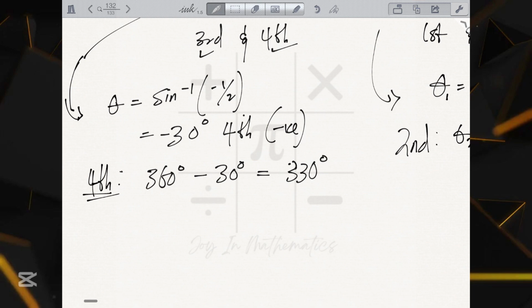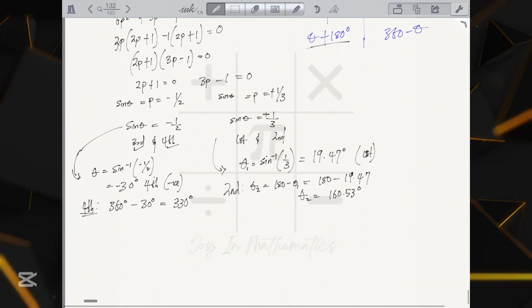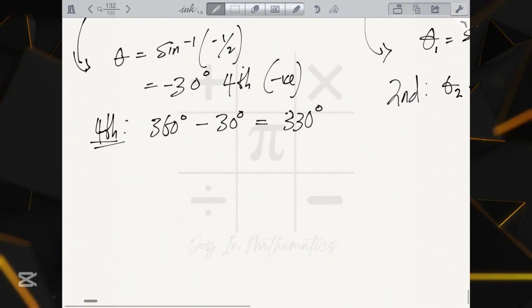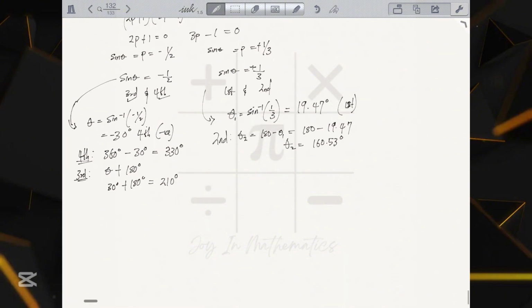Now let's evaluate for the third quadrant. In the third quadrant, we have the expression theta plus 180 degrees. Remember, the angle was negative, and the positive angle we considered was 330 degrees, but the acute angle is 30 degrees. So this will be 30 plus 180 degrees, which equals 210 degrees. Now we have four values.